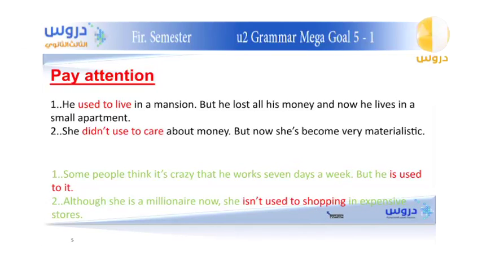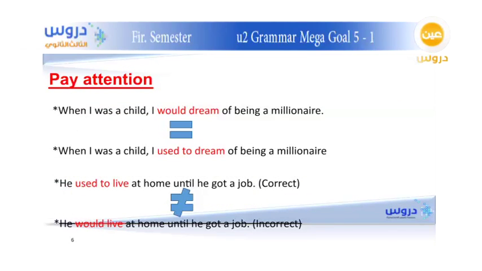So this is an example that tells you that you can use a gerund after used to, and also you can use a negative. You can add a negative after the verb to be when you use used to. We will have more detail about this one.